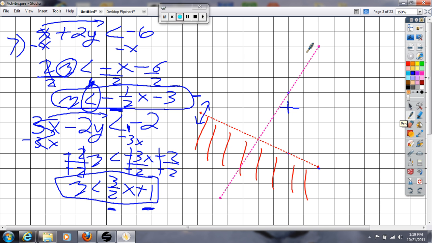Draw my line here, use my arrows, and where is y? Y is less than. Which one's pointing down? The right one is pointing down. So this is the side that's shaded. And what's the overlap? The overlap is down here.